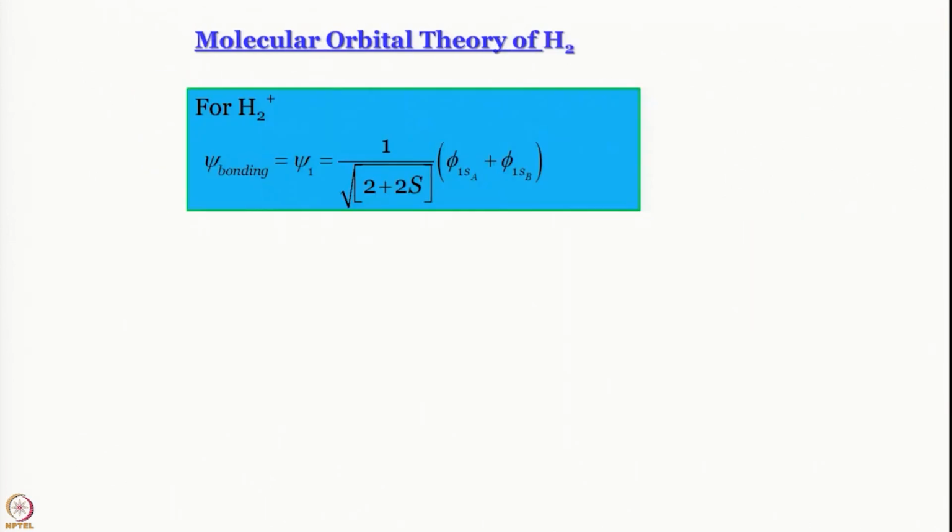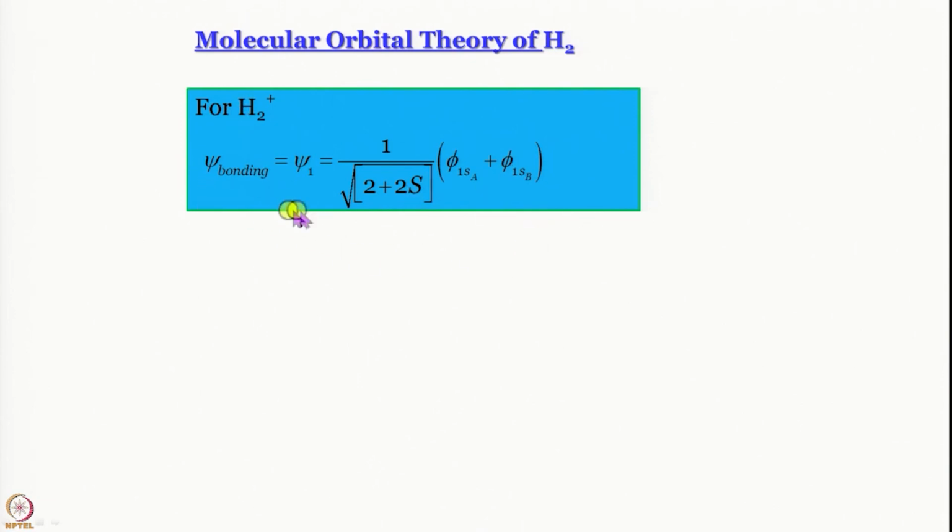Now see, for molecular orbital theory of hydrogen, now we have moved on. We want to use molecular orbitals that we generated in H2 plus, and we want to describe dihydrogen H2 using those same molecular orbitals. Well, we might have to correct for shielding and all, that is fine, but assuming all that has been done and assuming that variation method has been used to minimize energy, the kind of expression we get is this.